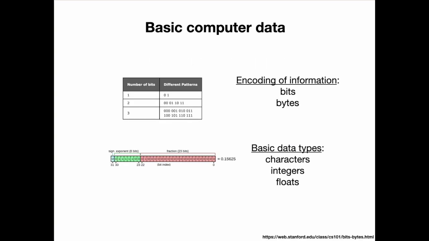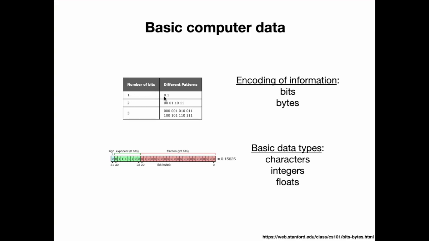So to summarize what we discussed today, we have overviewed how information is encoded in the computer. Basically, the information is encoded using bits and bytes. Bytes are collections of 8 bits. Remember, the bit is basically a logical state that varies between 0 and 1.